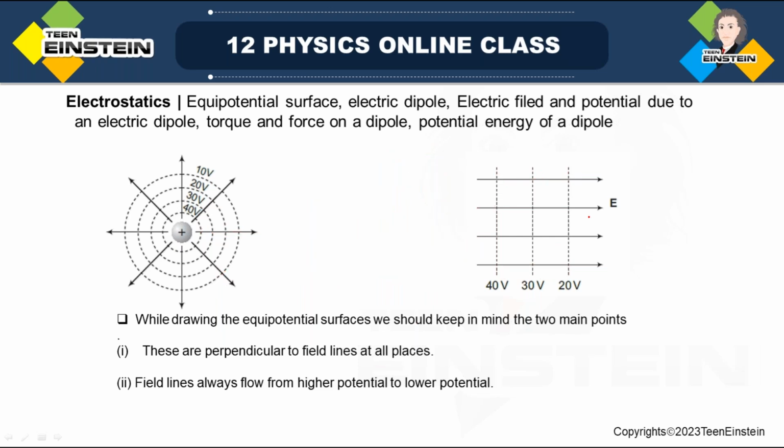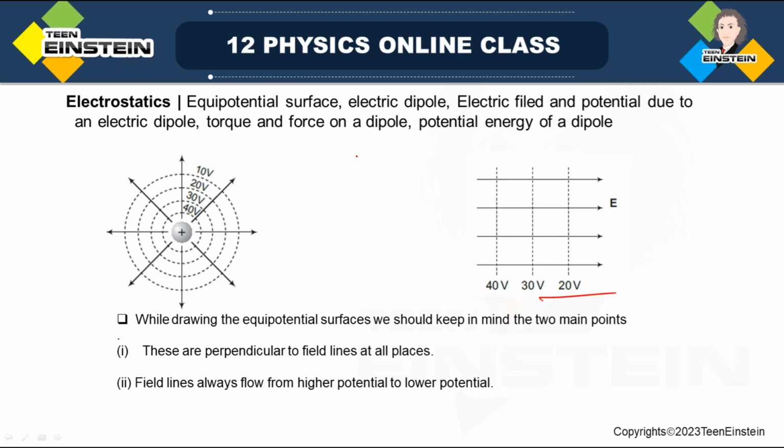Sometimes you have to draw these electric field lines. Suppose these are various plane surfaces, so you need to draw the electric field lines. How do you draw? You have to give the arrow for the electric field lines in the direction in which potential is decreasing.